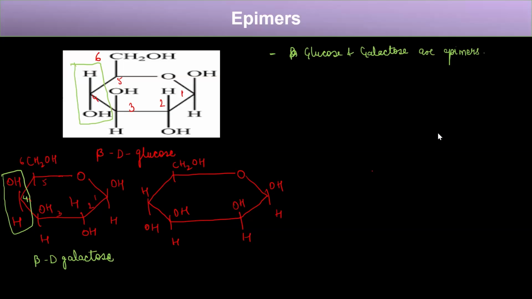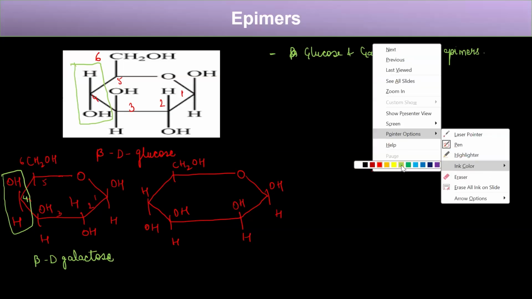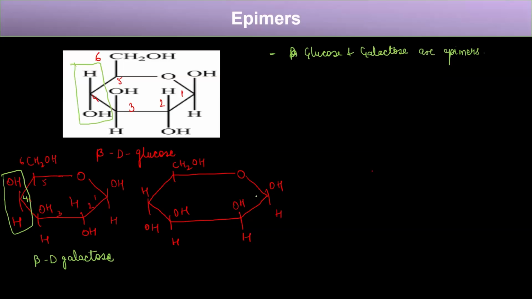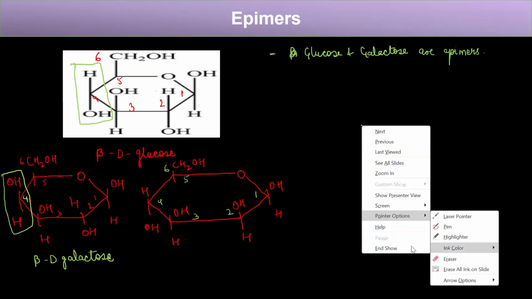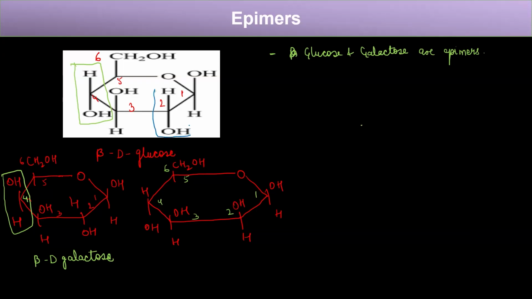Now, if you compare this structure with the beta D glucose structure, at what position can we observe the difference? Here we can number 1, 2, 3, 4, 5, and 6. So the difference will be here and here, right? In this case, the OH is above the plane, while in the glucose case, it is down.